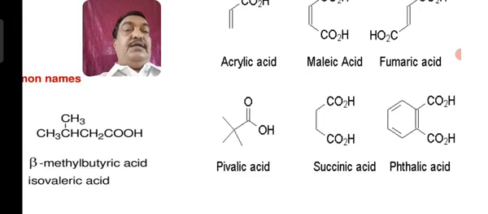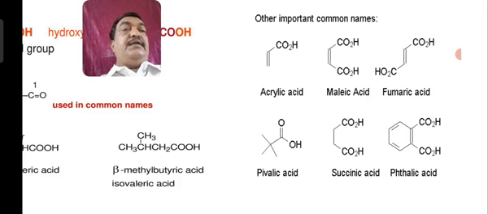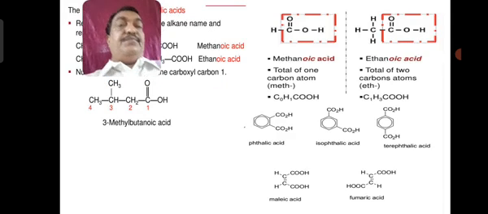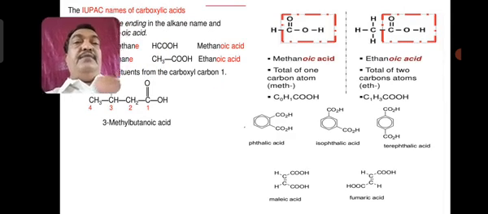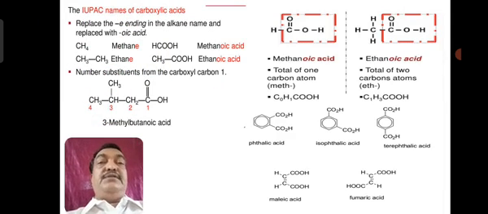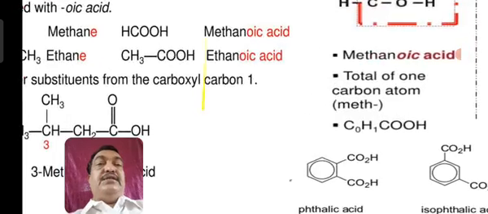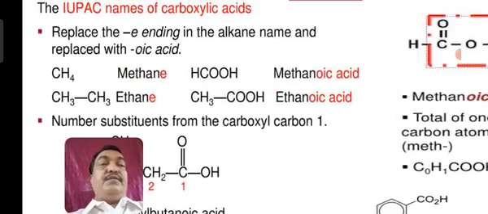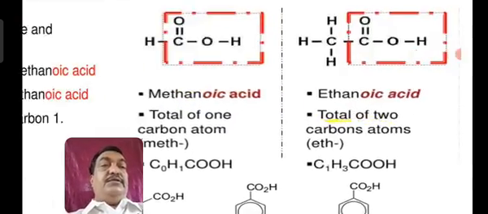We can have pivalic acid, succinic acid, and phthalic acid. So these are some of the examples connected to carboxylic acid. Now, how to name them? The naming is done in a simple way, that is, the alkane's E is replaced by OIC acid.